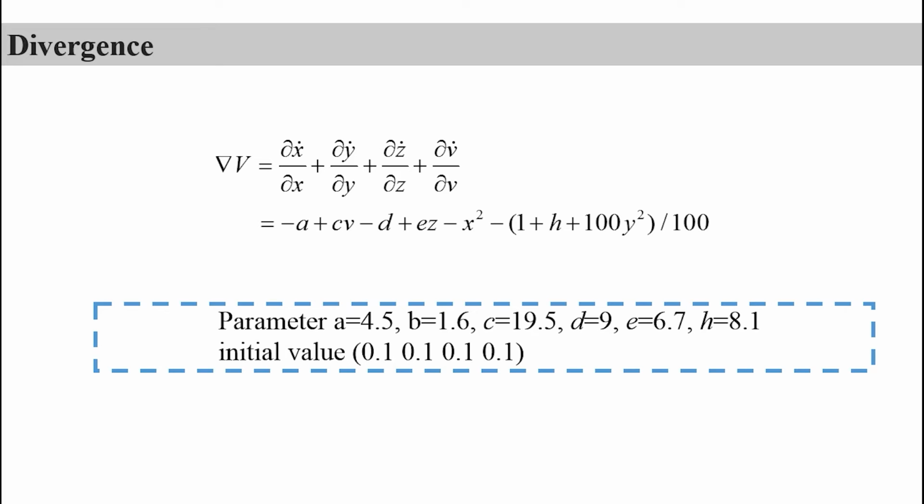The system at this time is dissipative and has the conditions to produce chaos. Setting the differential equations of the system equal to 0, that is, when the system equation takes this form, the equilibrium point of the system can be obtained.